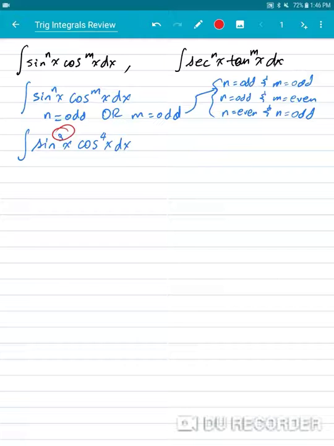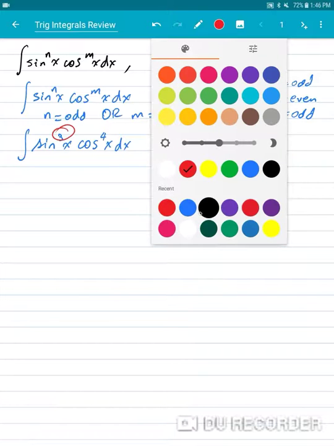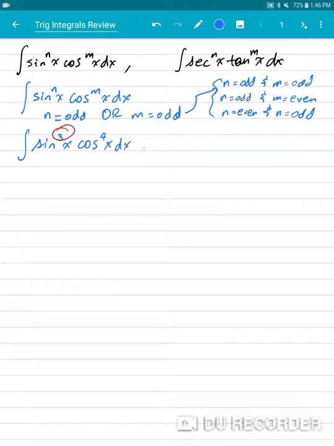So I will split one of them off to make a sine x dx, which we'll use for our u substitution. Here the remainder will be sine squared x. I had 3 copies of the sine, so if I split one, two are left: sine squared x times cosine to the power of 4x times sine x dx.